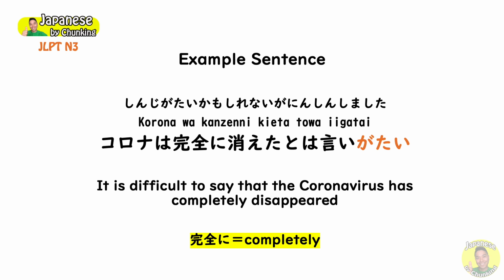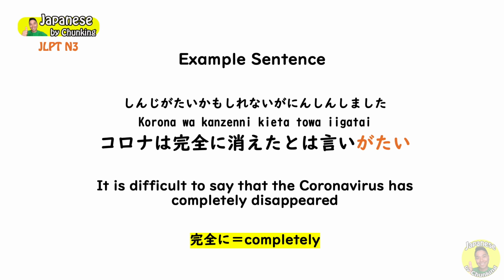次の例文です。コロナは完全に消えたとは言いがたい。It is difficult to say that the coronavirus has completely disappeared.